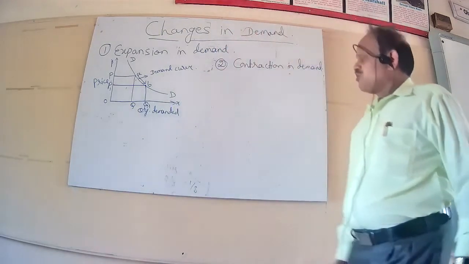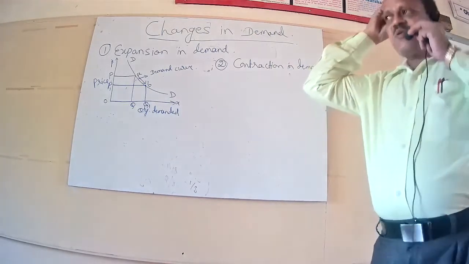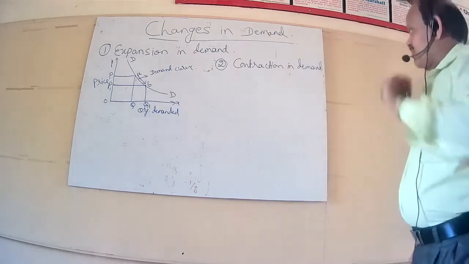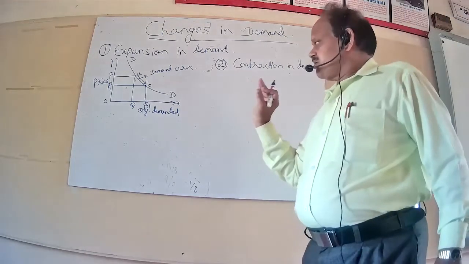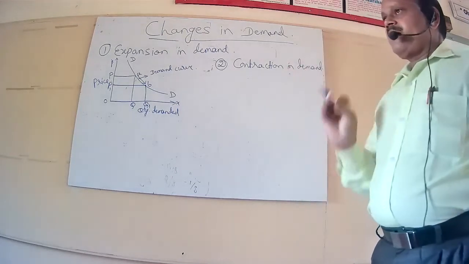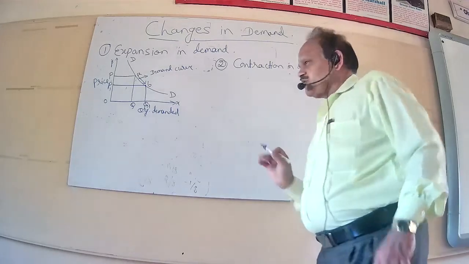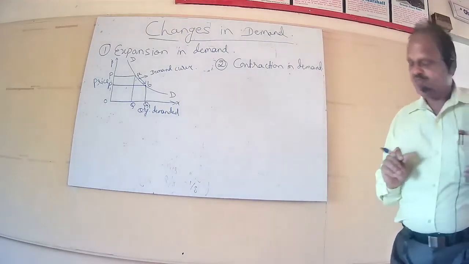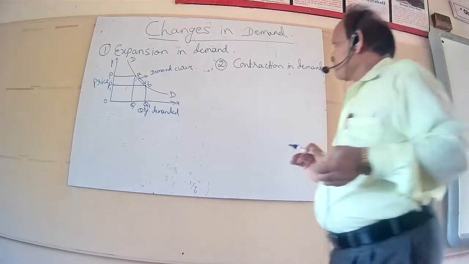What do you mean by contraction in demand? Contraction in demand implies if less quantity is demanded at a higher price, it is contraction in demand. Here once again, price is the major factor influencing demand, but other things remain the same.